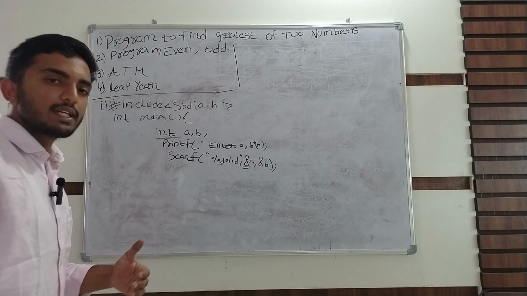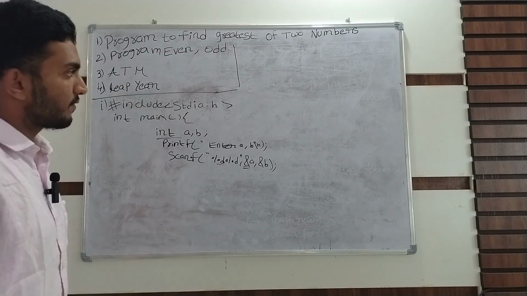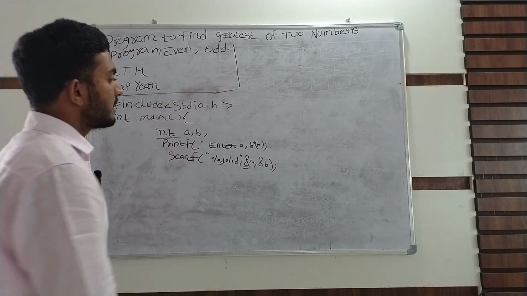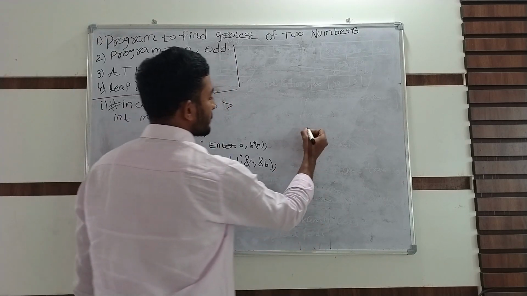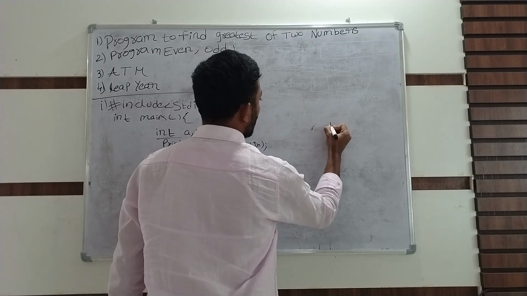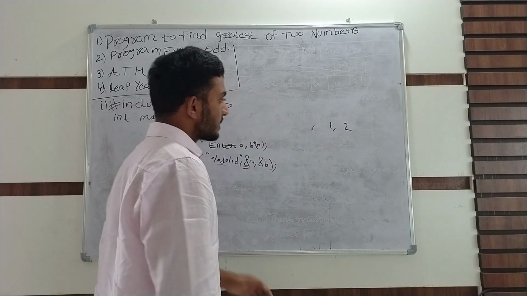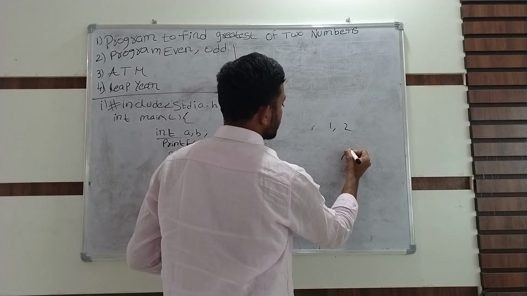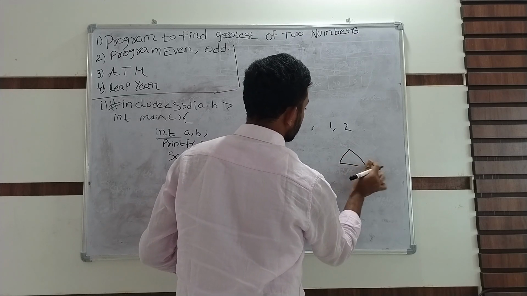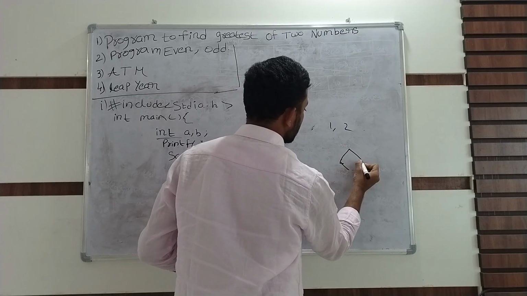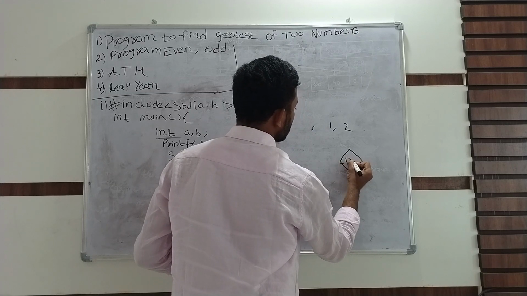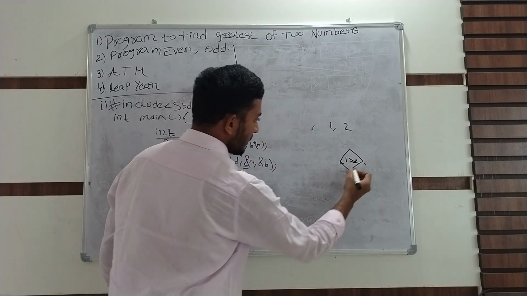After that I have to include some condition. First, what is the logic here? Two numbers are there, which are 1 and 2. How does a conditional statement work? For example, 1 is greater than 2.